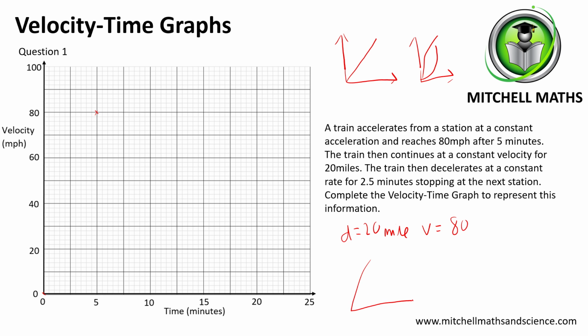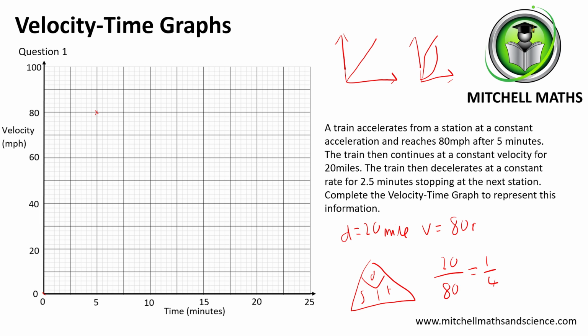If we think about our speed, distance, time formula, we need to know how long it travels at 80 miles per hour for, so we can draw a straight line along our graph. We do the distance, which is 20, divided by the velocity, which is 80, and that gives us a quarter.